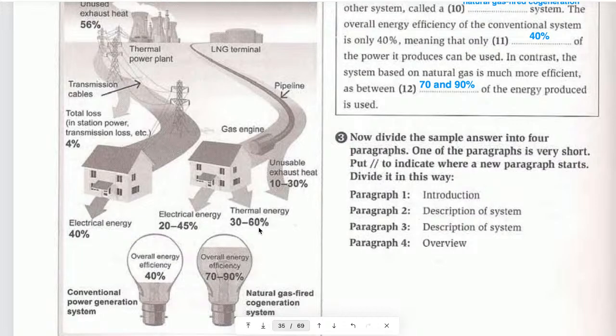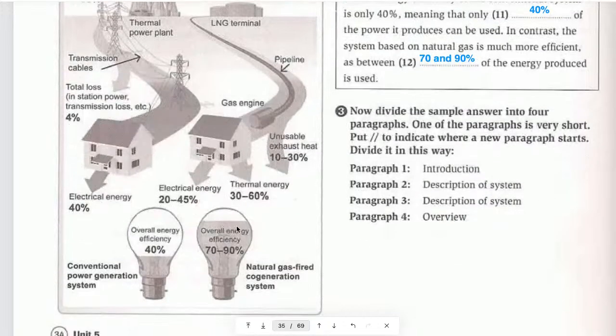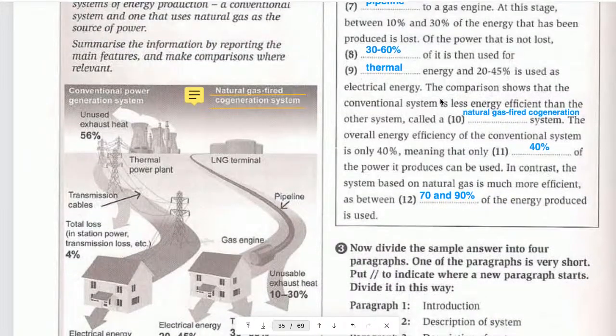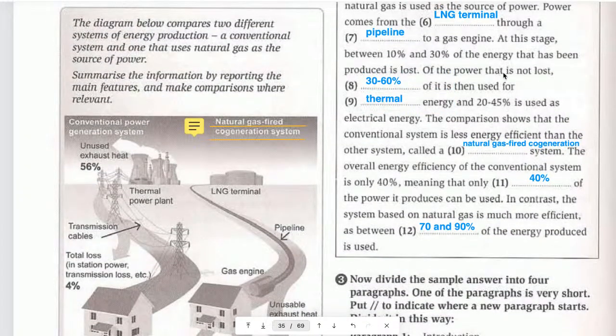Because in total you should have only 100%, right? So that's why they have to mention here that it is of the power that is not lost.